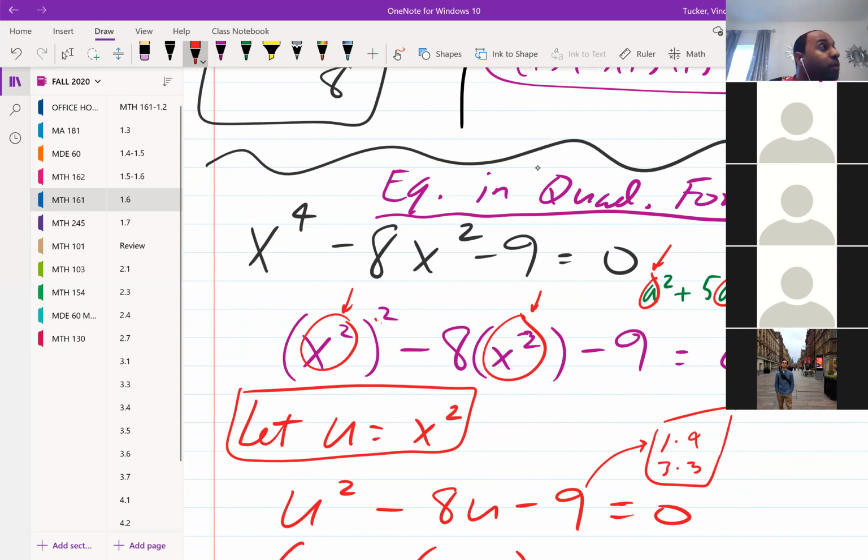And we can go from there. So once again, if an equation is in quadratic form, we have our middle term, and the leading term is that term being squared, whether it's a and then a squared, or x squared and then x squared squared. If you have that type of relationship, that's your equation being in quadratic form.